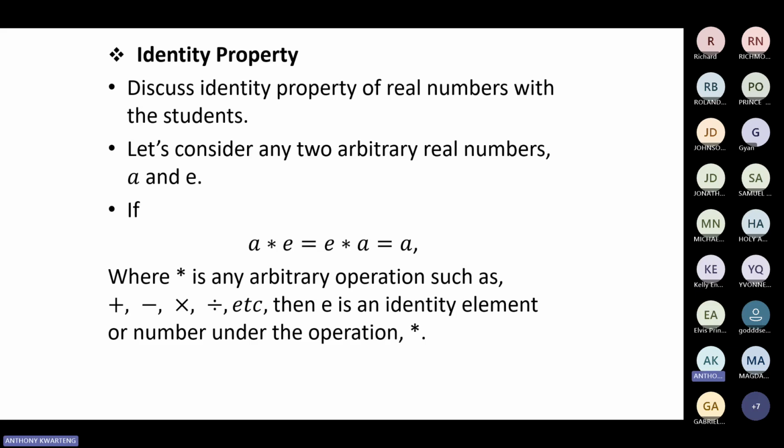So we say that the multiplicative identity is 1. So when you multiply a number by 1, you get the same number. Therefore, the multiplicative identity is 1. I think that point was okay.